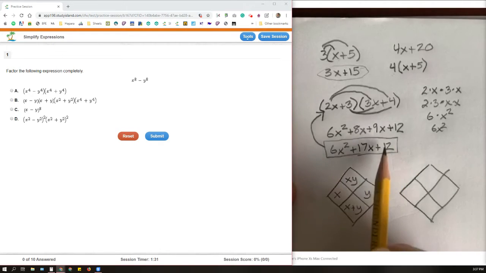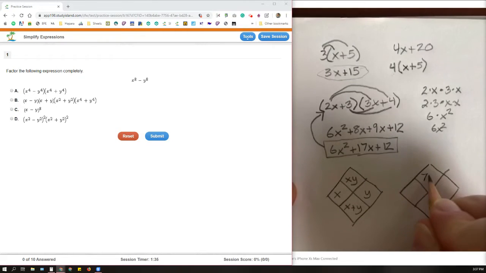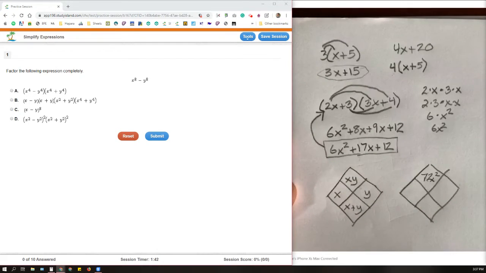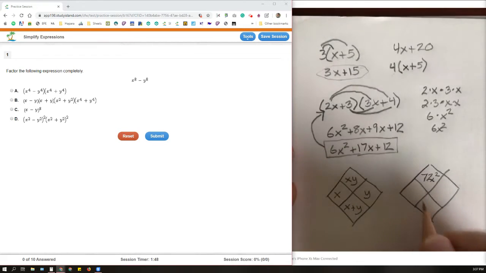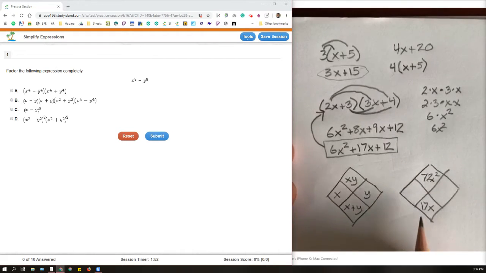What is 6 times 12? 72. So you have 72, and you can add the x squared in there also. So 72x squared, but mostly focus on the 72. The bottom number, the sum, is the middle of the trinomial, which is just 17x, but focus on the 17.